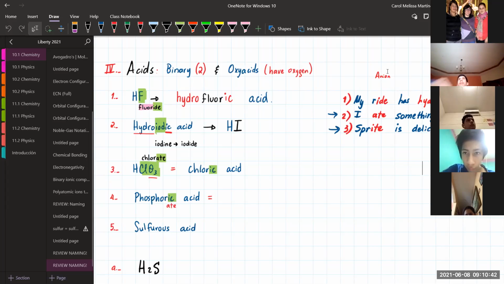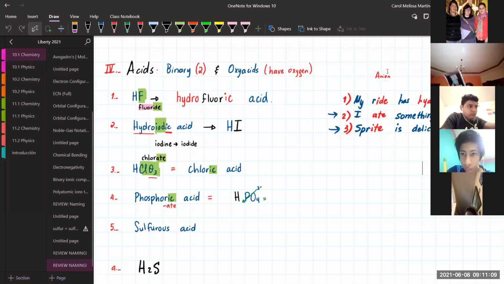In this case, it's going to be phosphate. Remember that phosphorus has a special root. And because it's phosphate, you write the ion over there. And because it's acid, you write the H. Crisscross the charge, and the final compound will be H3PO4.